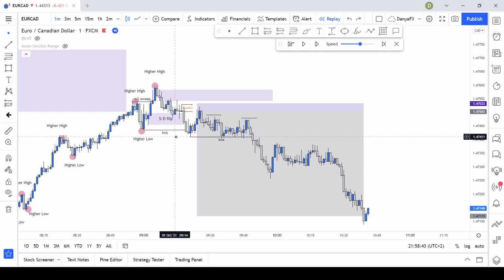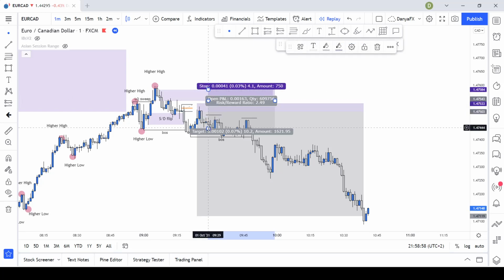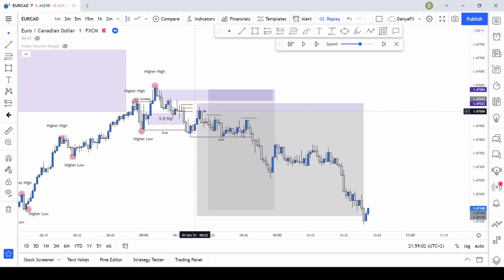But what I have recently been doing often is that I have set two limit orders, one at the bottom of the extreme order block, and one at the bottom of the freshest order block.